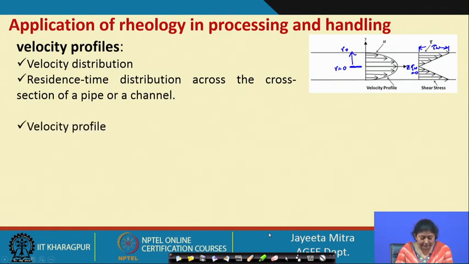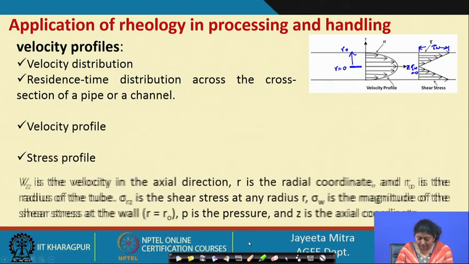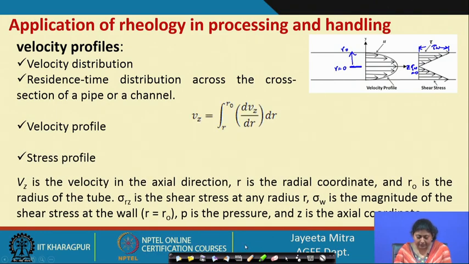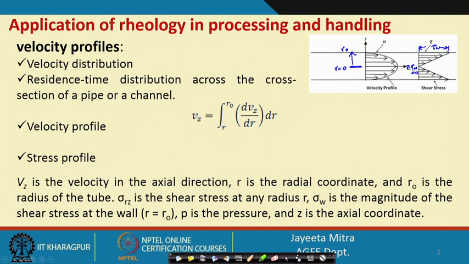Now, in general, if we want to express the velocity profile, we can write this equation: V z, the velocity in the z direction, will be equal to the integration from r to r0 of dVz by dr into dr. This is a general representation of the velocity in the z direction. Similarly, the stress will be sigma rz, that is the stress in the r direction because of the z directional flow, which we want to measure.